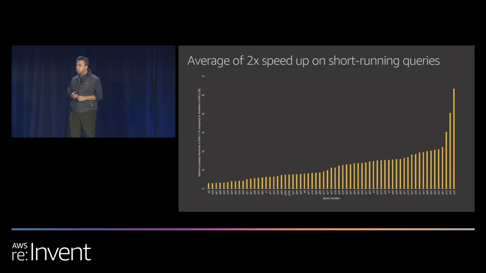We also see about 2x improvement in short-running queries. These are queries that are still running on 3 terabytes of data, but run for less than 90 seconds. All of these improvements are coming from configuration changes, query planning optimizations, and a better way of running the execution engine on top of EMR.